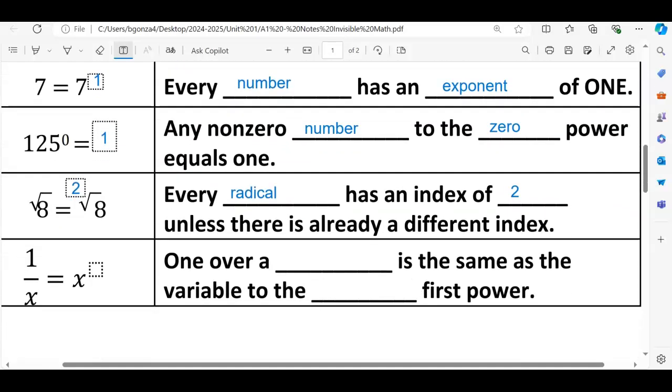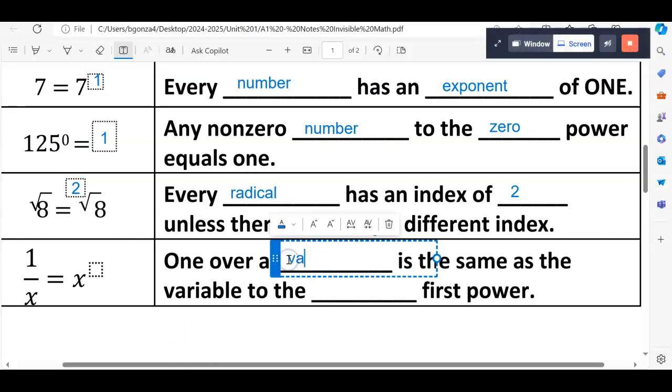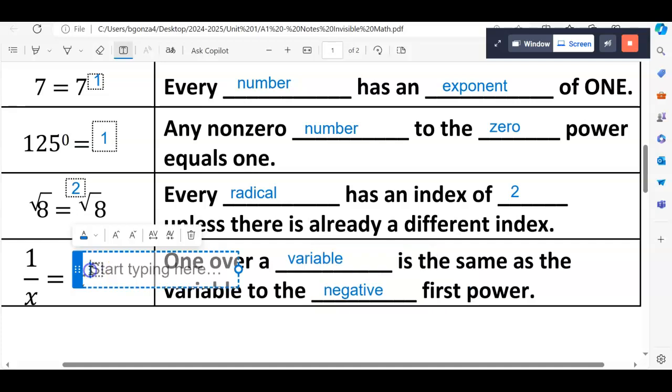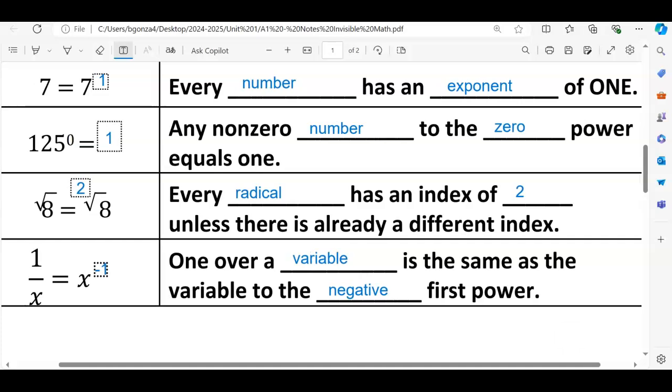All right, now, bottom of this page, 1 over x. 1 over a variable is the same as the variable to the negative first power, meaning x to the -1. Hopefully y'all can see that. 1 over x means x to the -1.